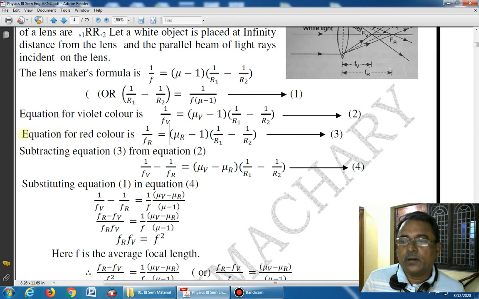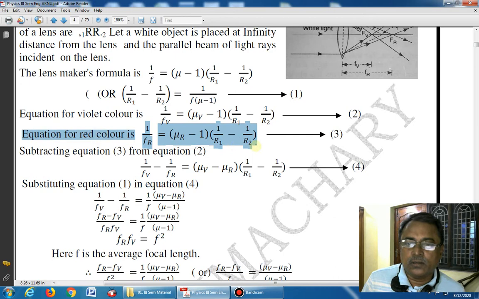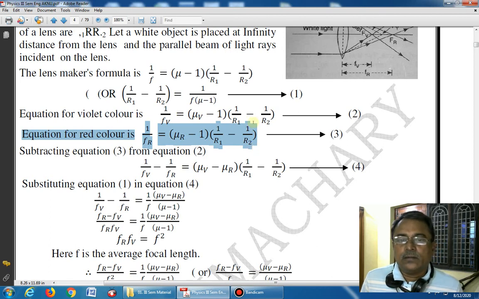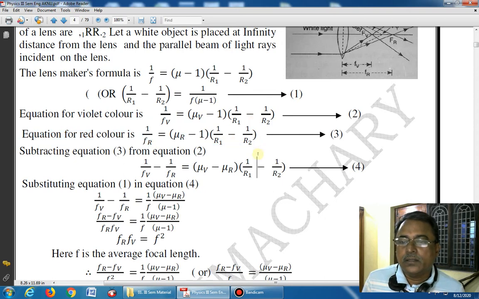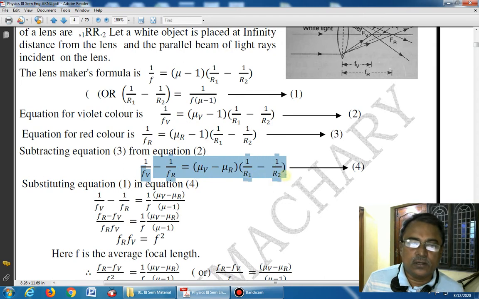Similarly, for red color we write the equation 1 by f r is equal to mu r minus 1 into 1 by r 1 minus 1 by r 2. Then subtract equation 3 from equation 2, and we will get this equation.